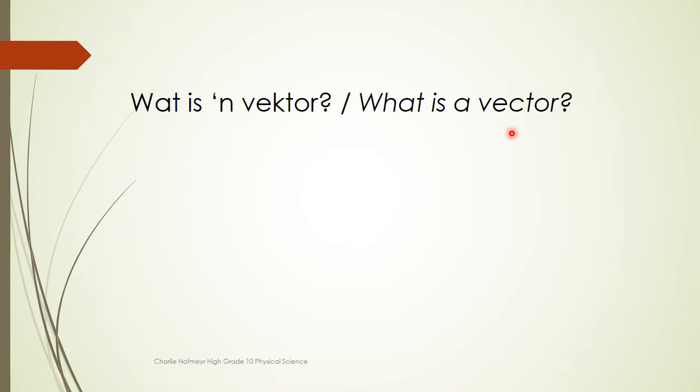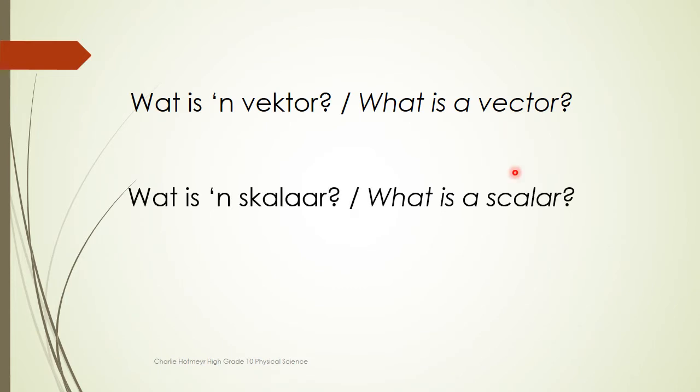What is a scalar? A scalar is a quantity that only has a magnitude. A scalar only has a magnitude, that is a numerical amount. A vector has magnitude and a direction.